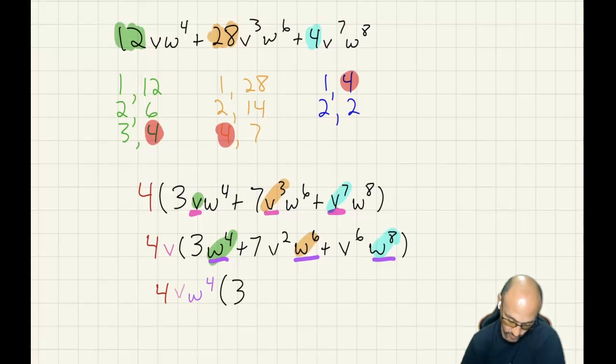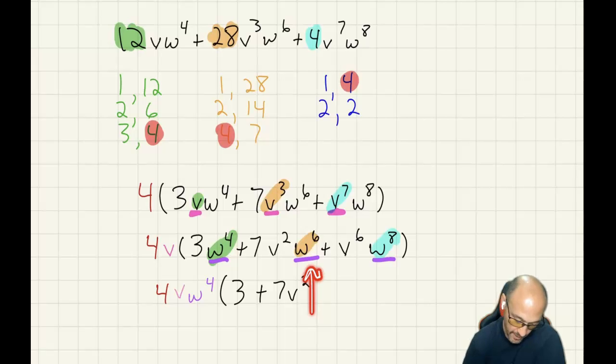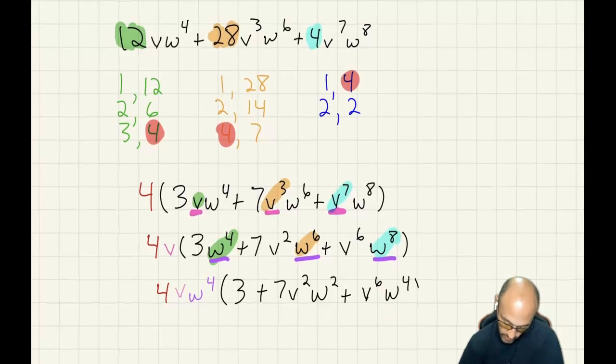So all I have is 3 left from this term right here, plus 7v squared. And when I factor w to the 4th out of w to the 6th, I'm just left with w squared. And then I have plus v to the 6th. And when I factor w to the 4th out of there, it's w to the 4th.